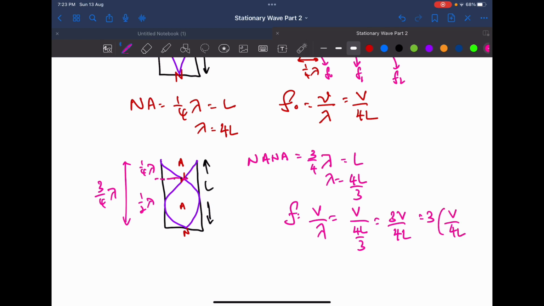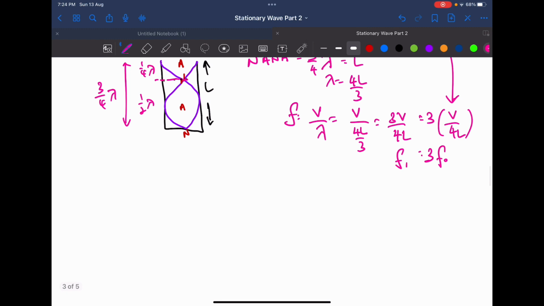We compare this value over here, it is 3 times the fundamental frequency. So you see there is a pattern. F0 is V over 4L, F1 is 3F0.